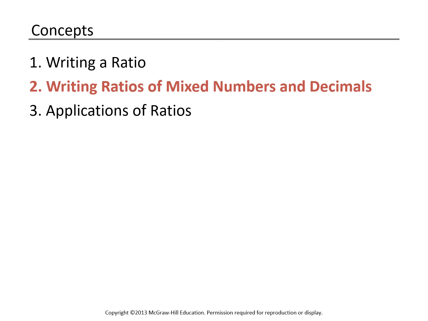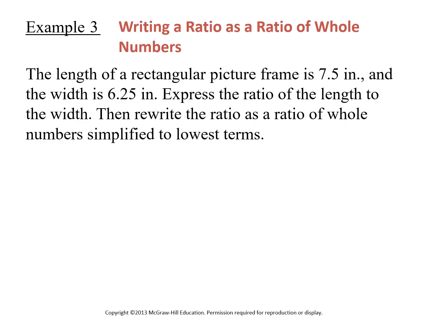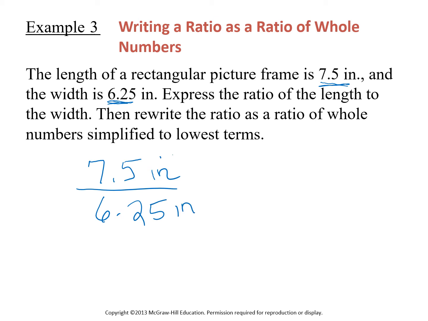If we have mixed numbers and decimal numbers, when we write a ratio, we have to change those to whole numbers. So if we want the ratio of the length of a rectangular picture frame that's 7.5 inches and the width is 6.25 inches, the ratio of length to width, we have 7.5 inches to 6.25 inches. So first of all, inches will cancel, and we have 7.5 to 6.25.